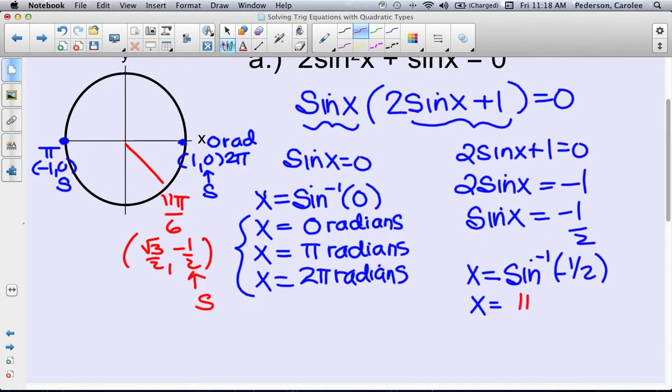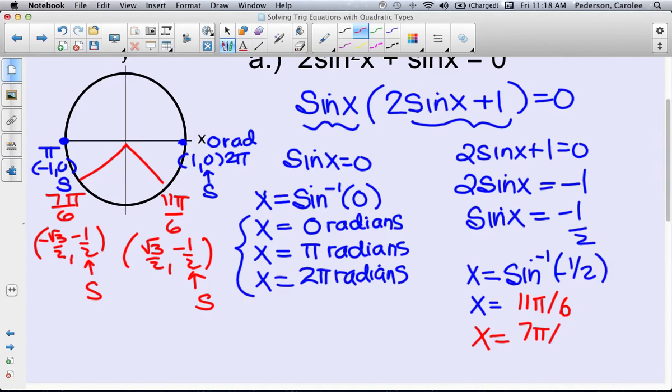So we have a solution of 11 pi over 6 radians. And then one other possible value is 7 pi over 6. It has an ordered pair of -square root of 3 over 2, -1/2. There's the sine. So our last solution is 7 pi over 6.